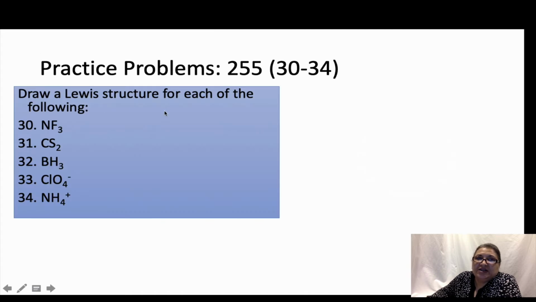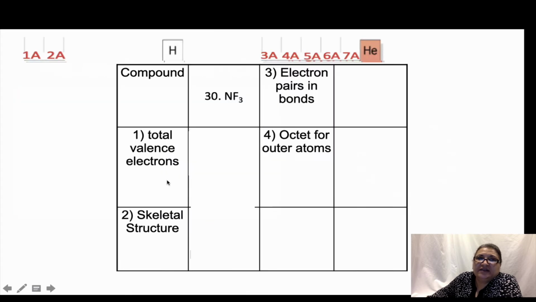Now, Lewis structure for these. Oh, here it is. I put it on this slide. All right. So NF3. So nitrogen is 5A. Fluorine is 7A, but then we have three of them. So 21 plus 5 is 26.